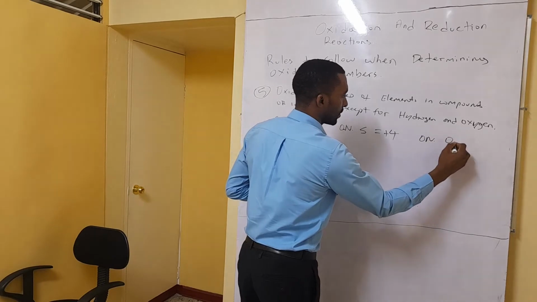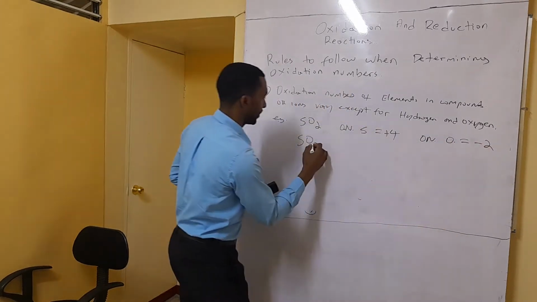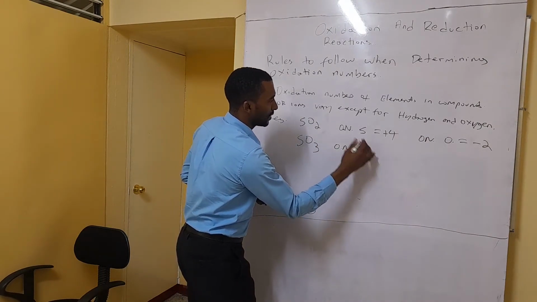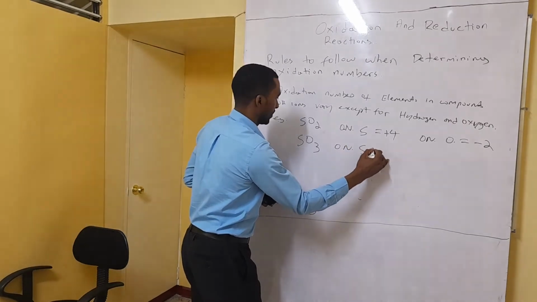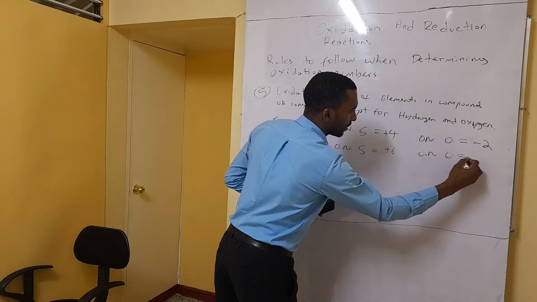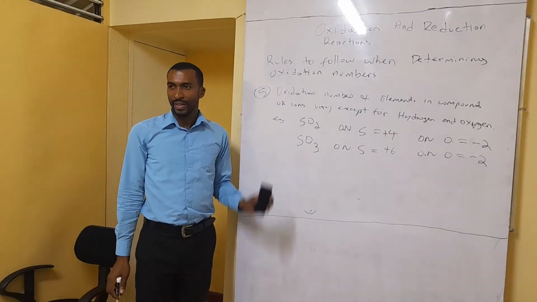Oxidation number of oxygen equal to -2. In sulfur trioxide, oxidation number of sulfur, which is the S, equal to +6. Oxidation number of oxygen equal to -2. I'll also discuss this in further detail, alright?